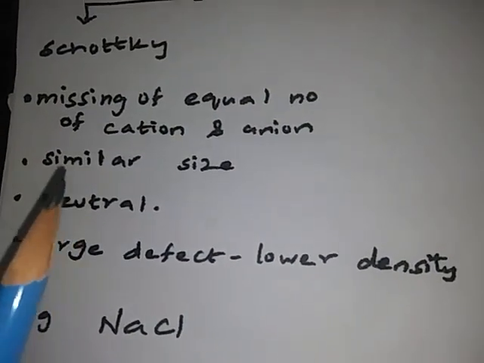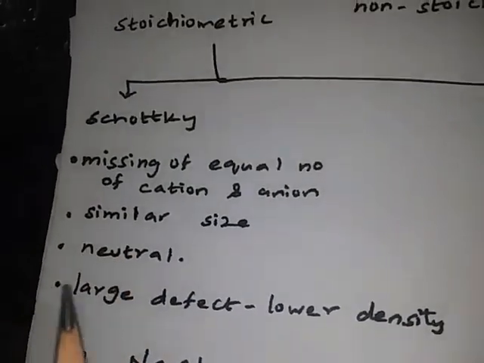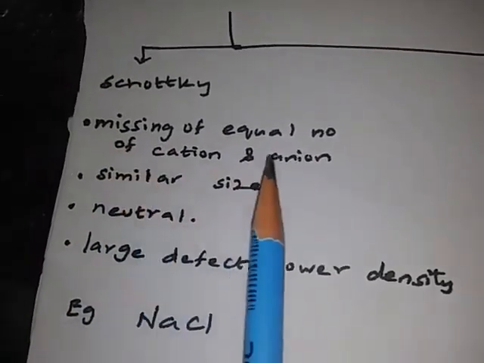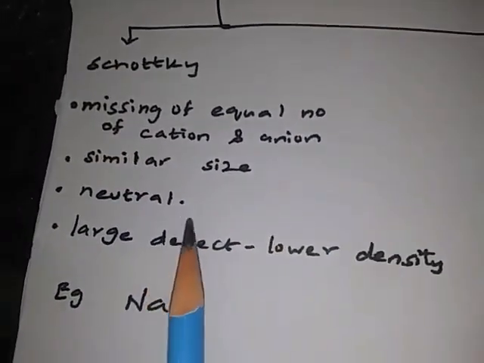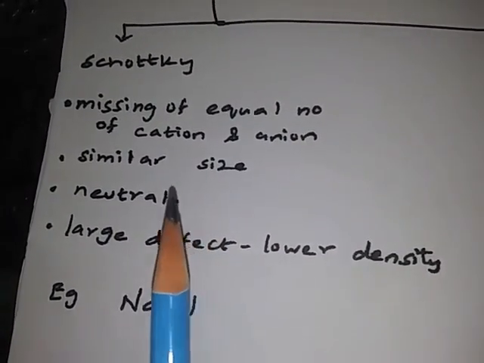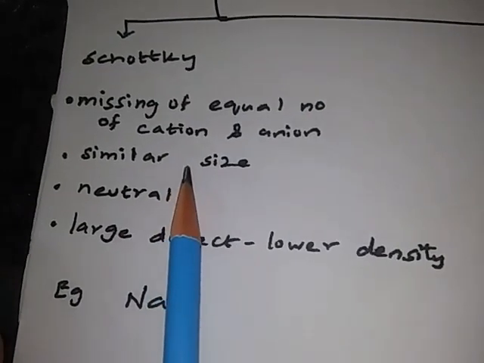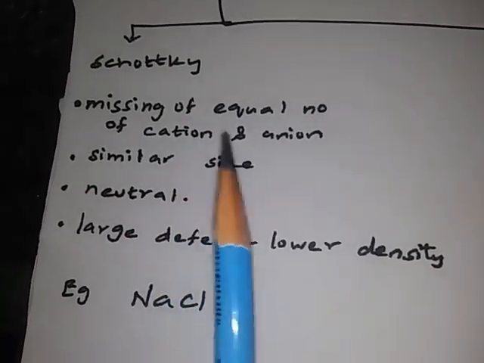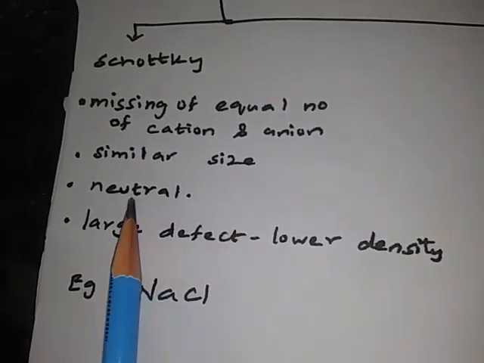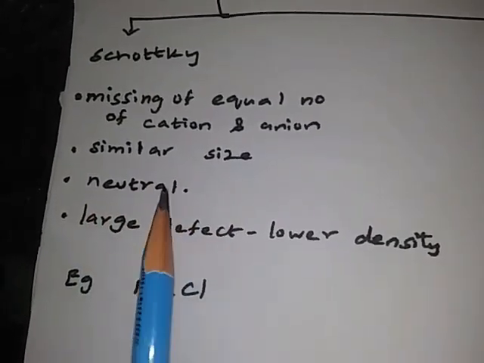The first one we are going to see is Schottky defect. This defect arises due to missing of equal numbers of cations and anions, and the stoichiometry is not changed. The anions and cations have similar size, and since it contains the same number of cations and anions, the crystal is neutral.